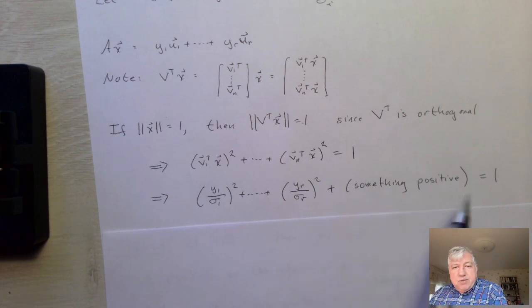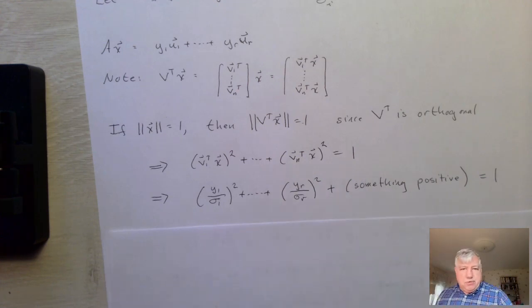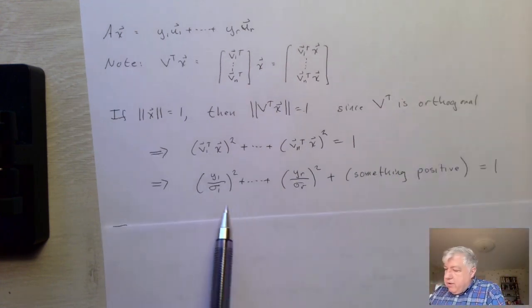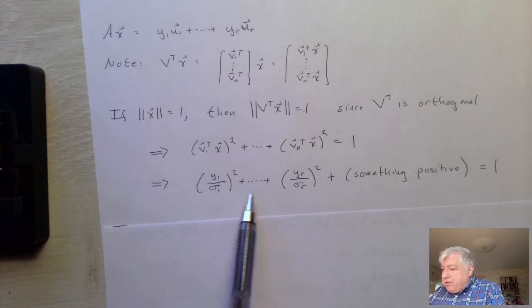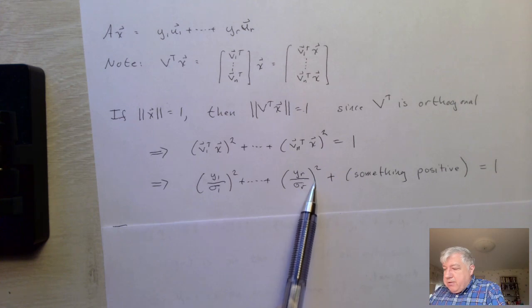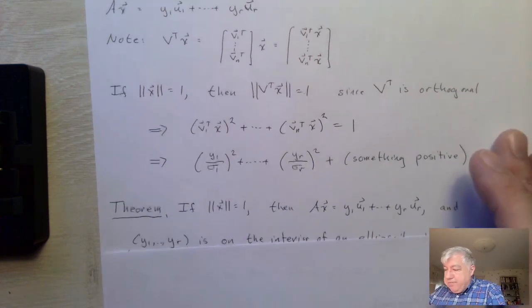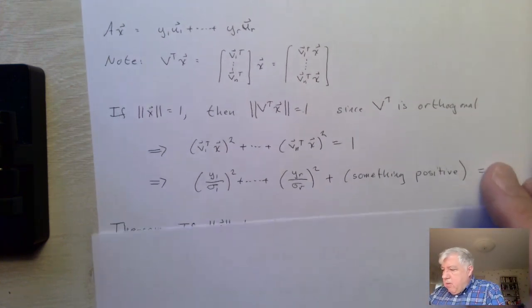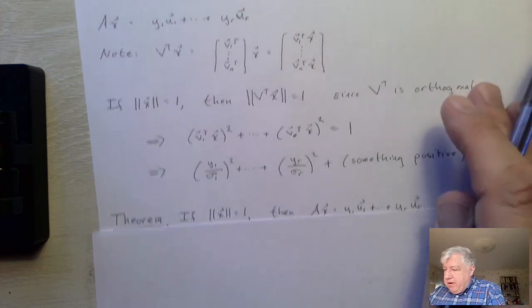But this other stuff is going to be positive because they're all squares of real numbers. So we get y_1 over sigma_1 squared plus dot dot dot plus y_r divided by sigma_r squared plus something positive is equal to 1.